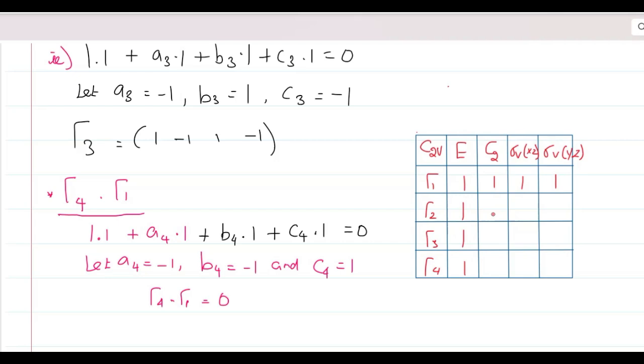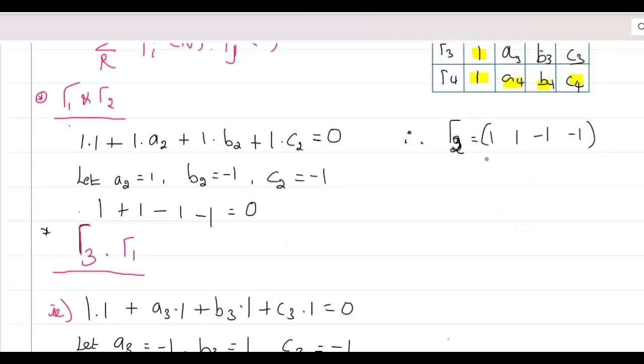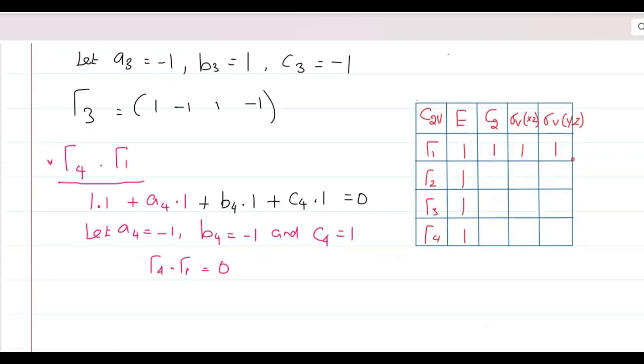Then the second one, what have you evaluated? For the second, it will be 1, 1, minus 1, minus 1. Let us write there 1, 1, minus 1, minus 1. The third one, 1, minus 1, 1, minus 1.